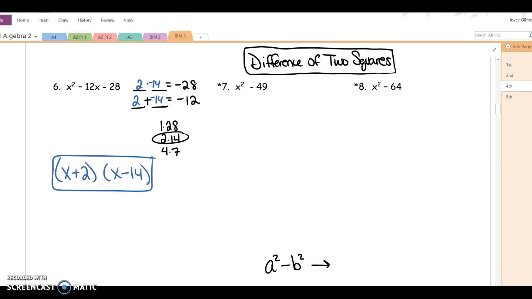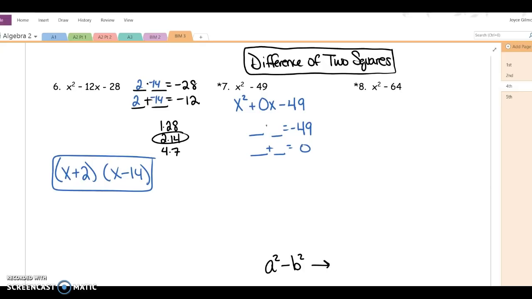Okay, number 7 is kind of a unique case. Do you notice that there's no b? There's no x term. So this is really x squared plus 0x minus 49. So if we use this same philosophy, we are looking for two numbers that multiply to give us negative 49, but at the same time, they must add together to get 0.